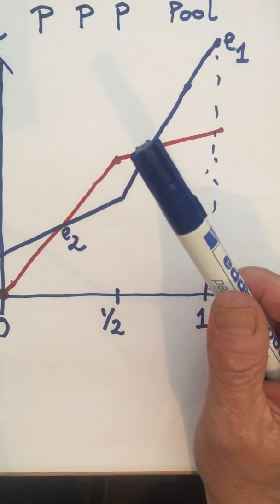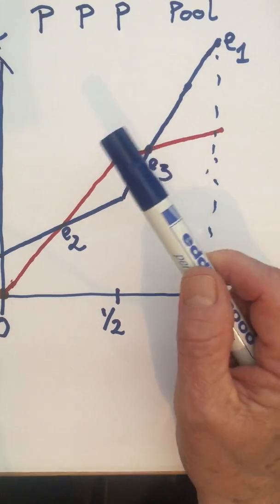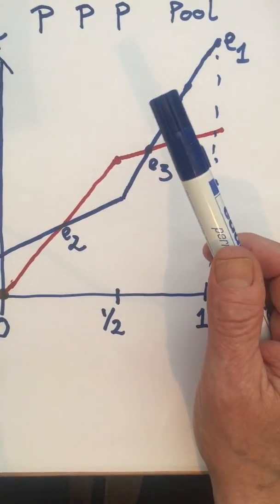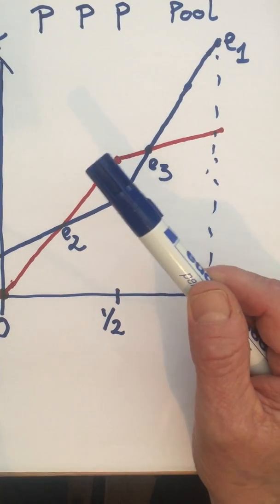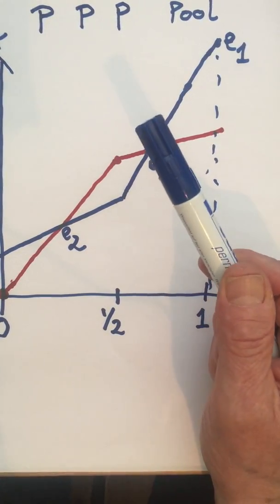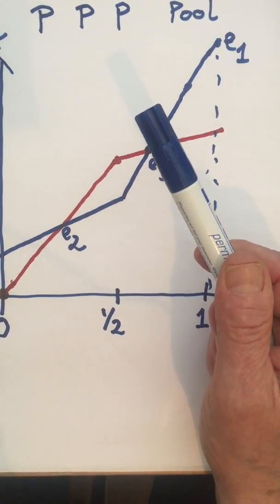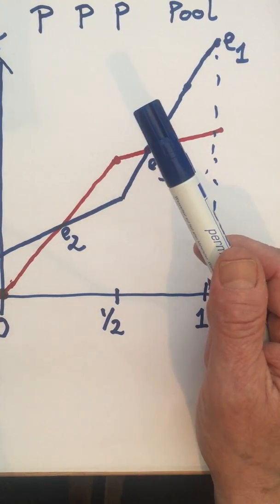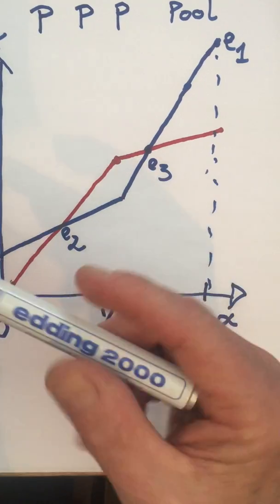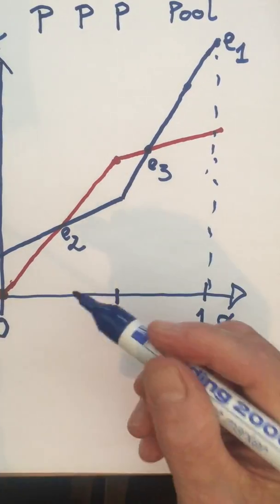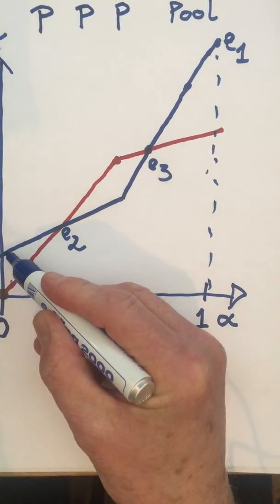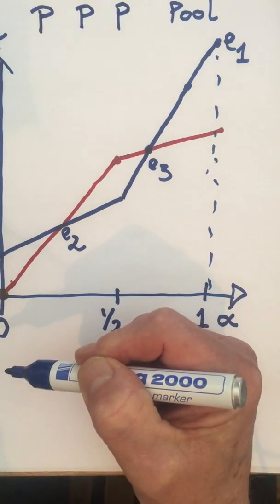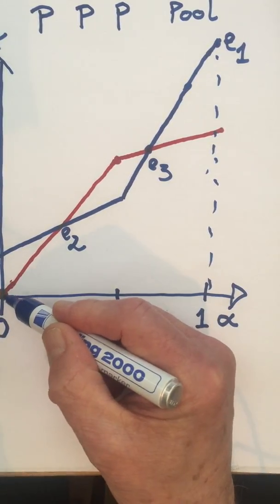The converse is true. If the profits of being a parasite are higher than the profits of being a producer, then more of the entrepreneurs will go into being a parasite rather than a producer. So let's start to the left here. What is the case here? Well, we see that the profits, the blue curve, for a producer is higher than the profits for a parasite.